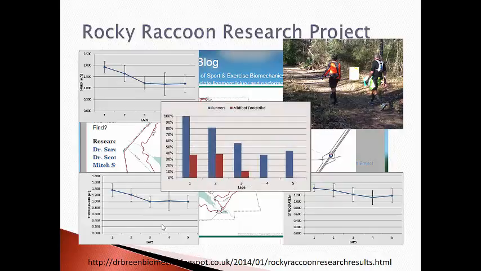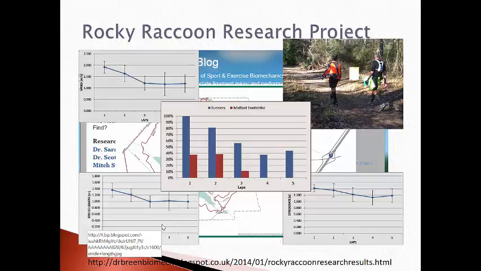In terms of how they struck the ground, we can see the majority of our runners were either rear foot strikers. We had no forefoot strikers, and everyone after lap 3 was a rear foot striker, so landing on the heel strike. The blue bars here tell us the number of runners, so everyone, 100% of the athletes were running on the first lap.